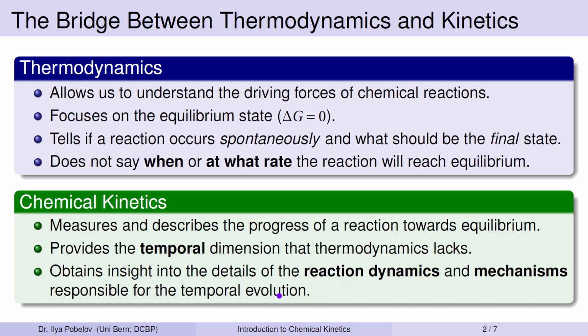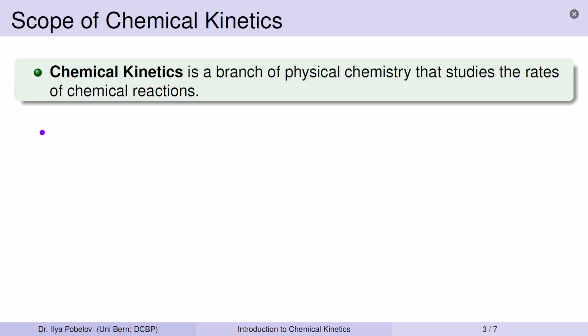These details are beyond the scope of thermodynamics alone. Broadly speaking, chemical kinetics is a branch of physical chemistry that studies the rates of chemical reactions.